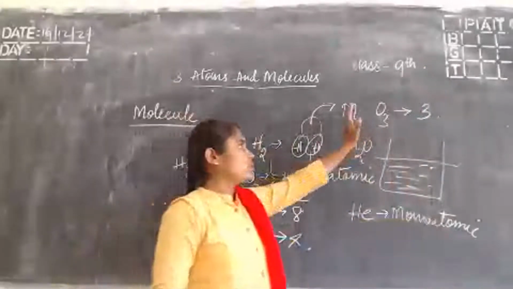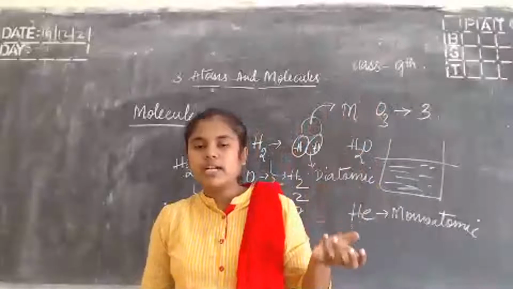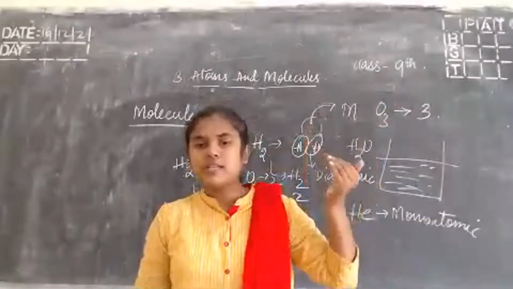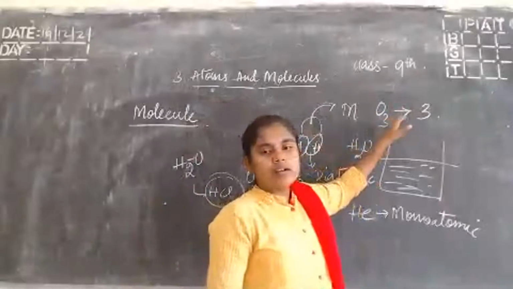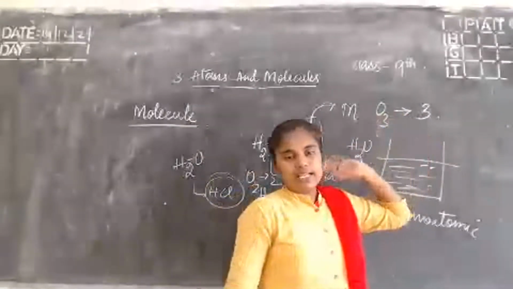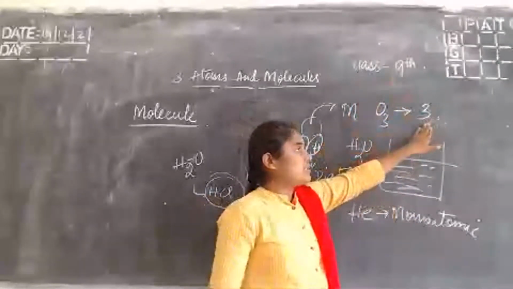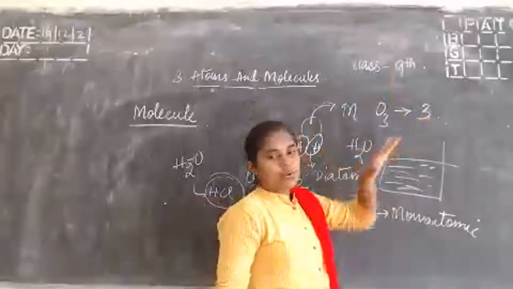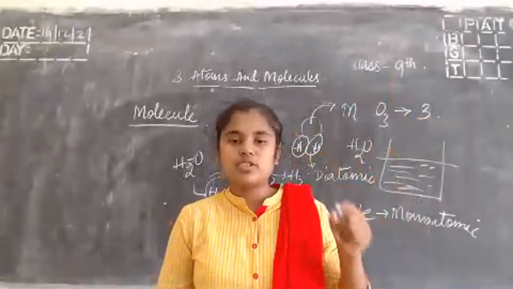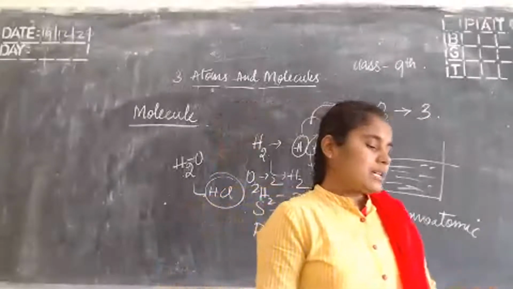This ozone layer protects us from the harmful ultraviolet rays coming from the sun. So that has an atomicity of 3. I hope this is clear for you all. The number of atoms constituting a molecule is known as its atomicity.